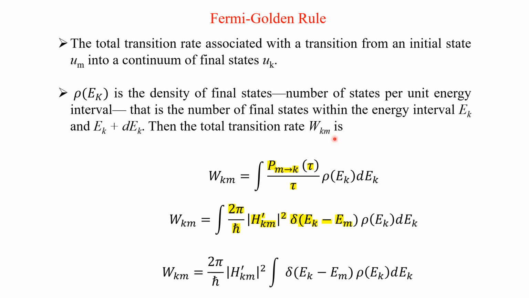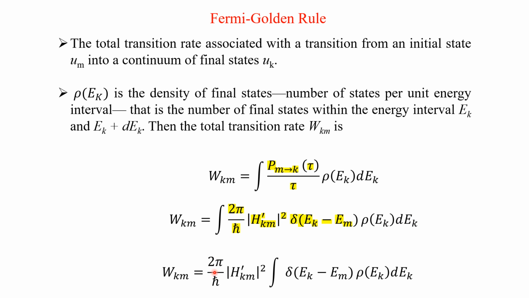So I am integrating over dEk. By definition, we have seen P m2k tau divided by tau, that is the transition rate, just now we have seen, is equal to 2 pi over h cross, modulus squared of h prime km, delta ek minus em, rho ek dek.